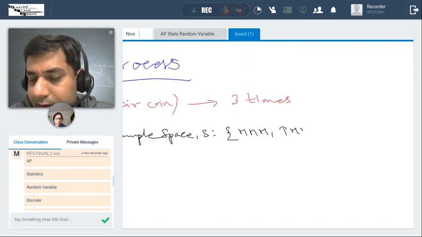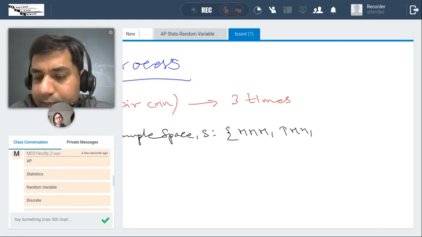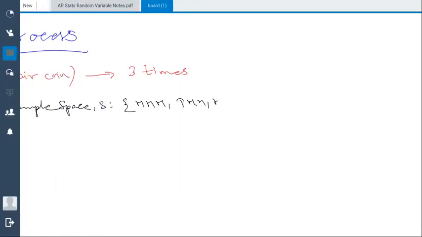TTH, HH, HTHTHT, TTH, HHT. Many of the times we get confused and we write the same thing. But this is one of the best ways I have found that in this way we can write the sample space without getting confused. This is a sample space, my dear friend.